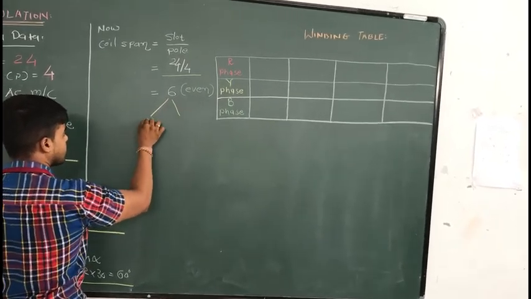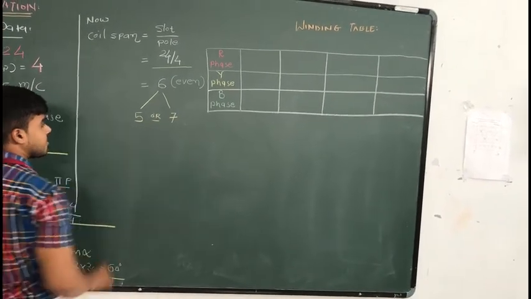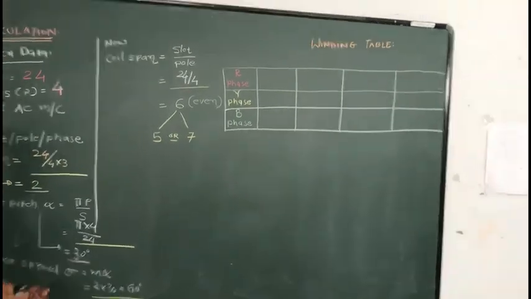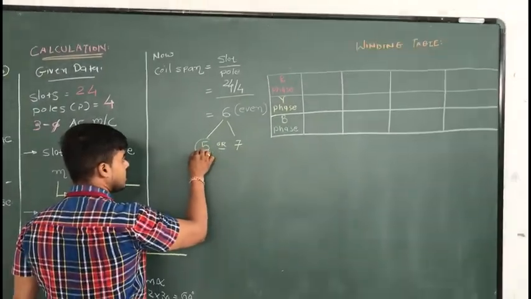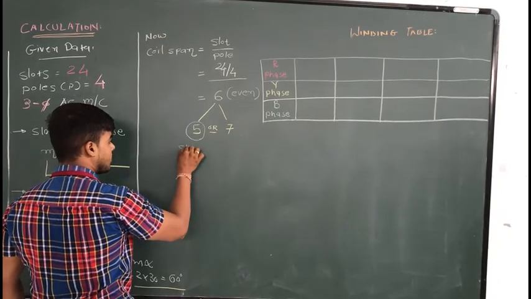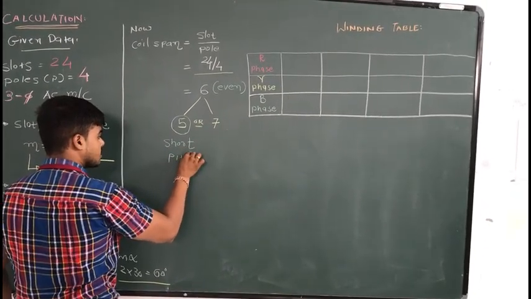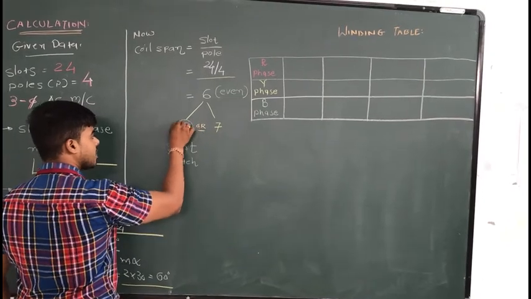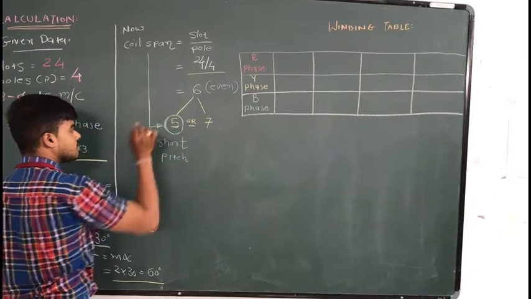So we have to take 5 or 7. But we will use short pitch winding, that's why we have to consider 5 as our coil span.